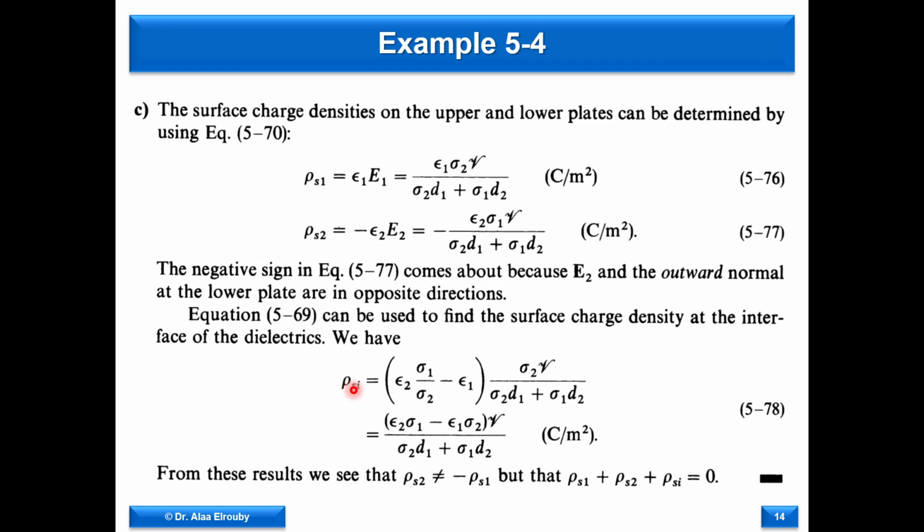We can see here that those two quantities are not equal. If we consider this charge as well, we notice that the charges S1 and S2 on the upper and bottom surfaces are not opposite, so their sum is not equal to 0, but the sum of all the charges equals 0. So this setup accumulates some charge density at the interface between the two dielectrics.